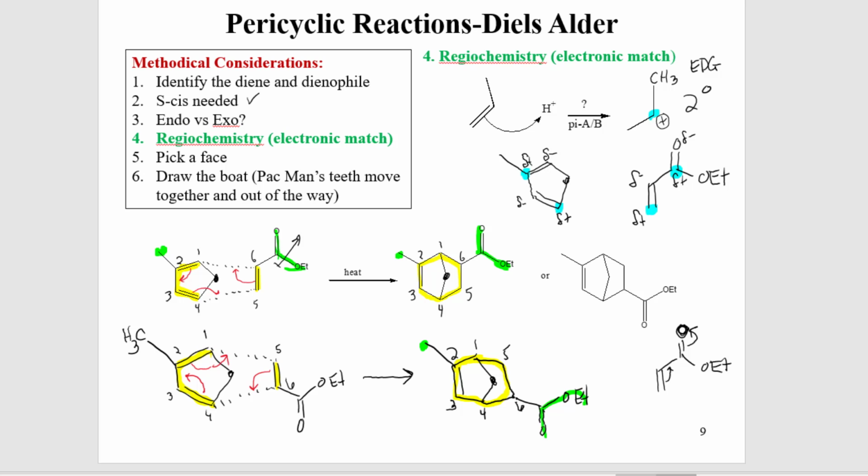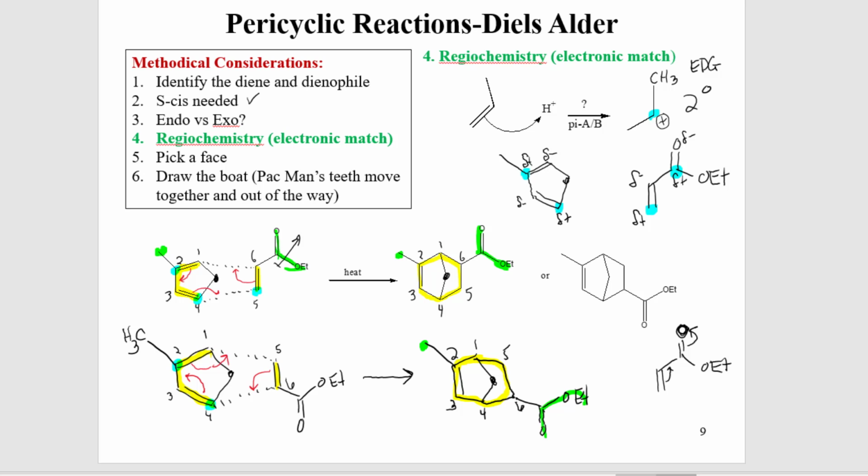Okay. Take a look at the electronics. What's more positive? What's more negative? Blue to blue is positive to positive. That ain't gonna work, right? We want positives to negatives. So of the two situations, let's highlight, right? Carbon 2 and carbon 4 are the positive carbons.